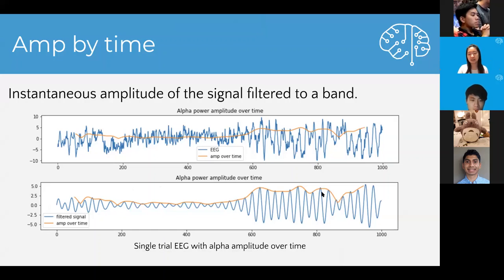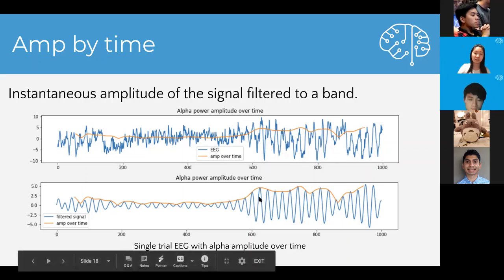And this gives you a better handle on how to featurize the data, because instead of having an entire other dimension of frequencies, you can focus on one smaller range of frequencies and get how much power there is, which is pretty much directly related to how large the amplitude is for the EEG signal at that time.